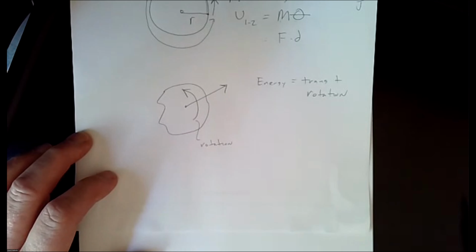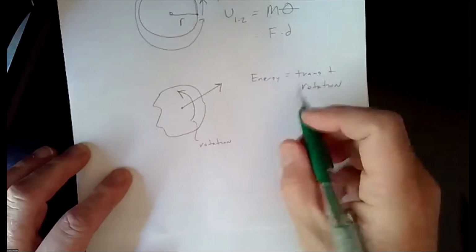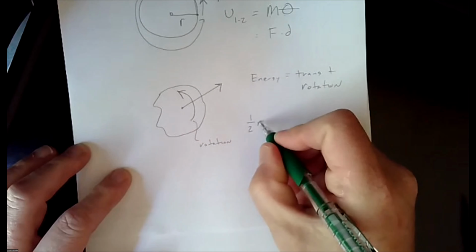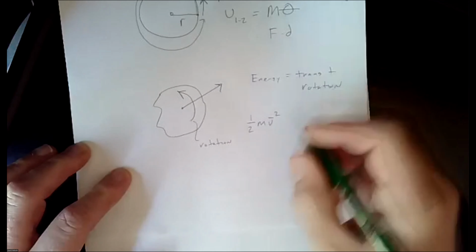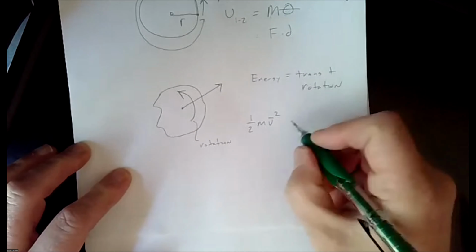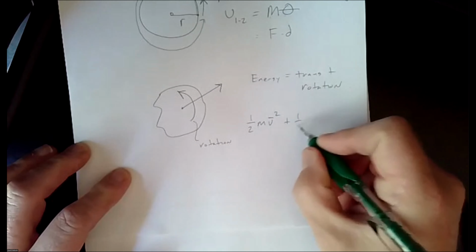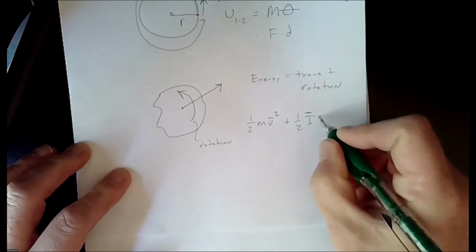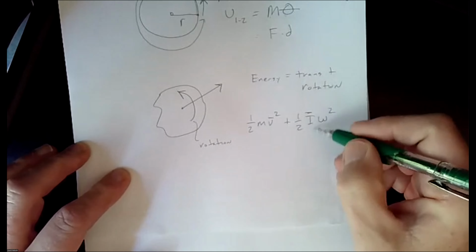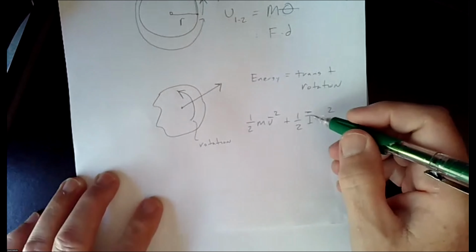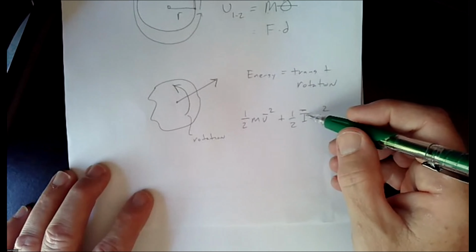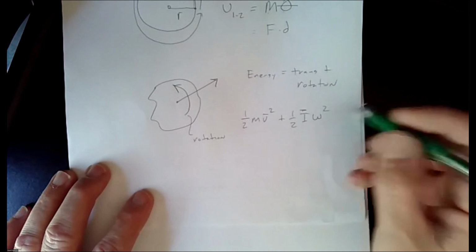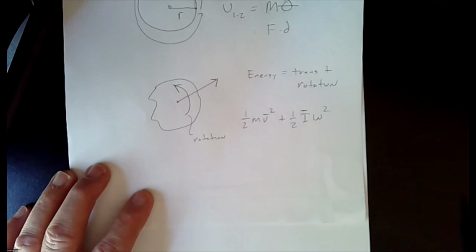right? And so as a result, you have the 1/2 m v bar squared, and that's just due to the center of mass moving, plus the 1/2 I bar omega squared, where again, that's the mass moment of inertia of the actual particle about its center of gravity, and then its respective omega.